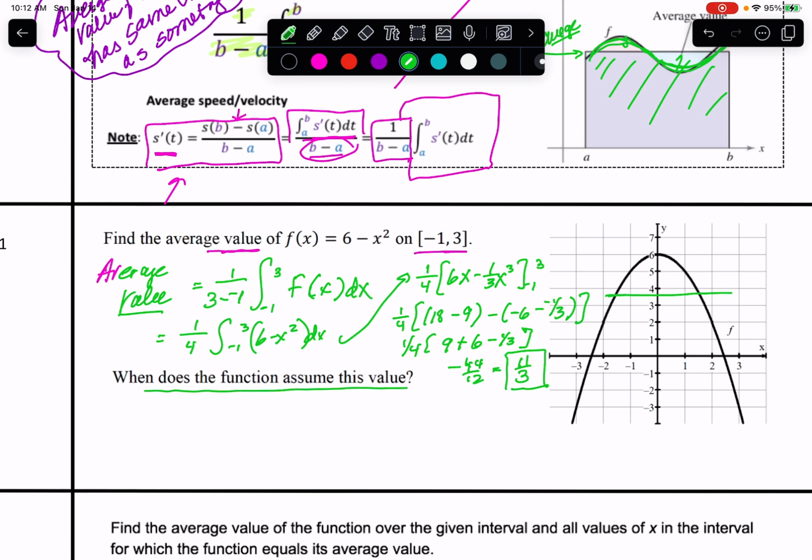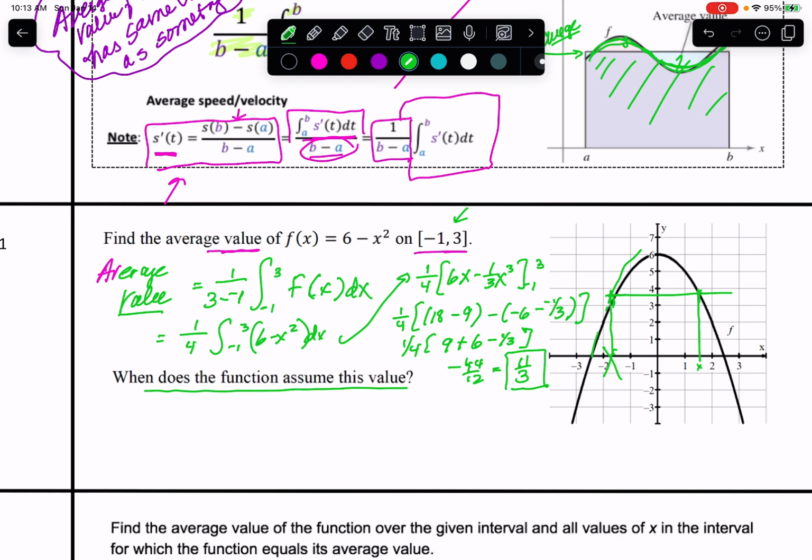So we're looking at this point right here and this point right here. It's like, where does the function assume that value? Which can be used for different things. So we also have to watch out that they want it on negative 1 to 3. So I can already tell that this one is not going to be included. It's just going to be this point right here, this x value.